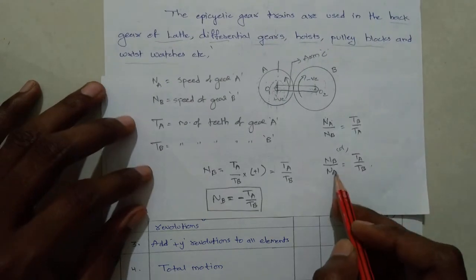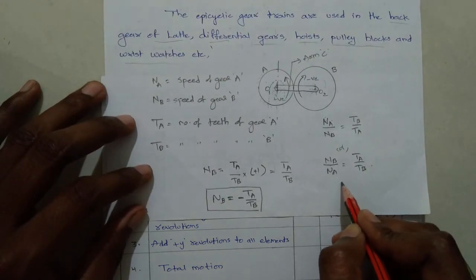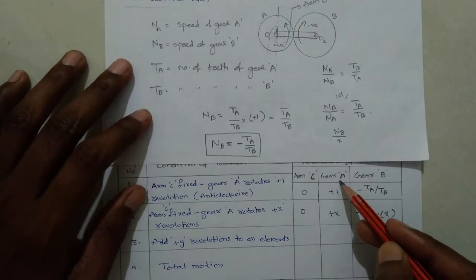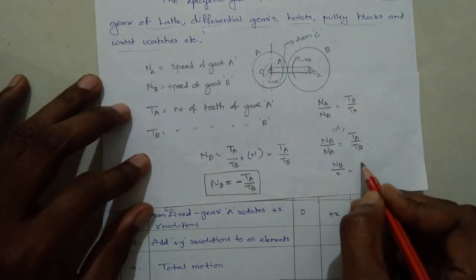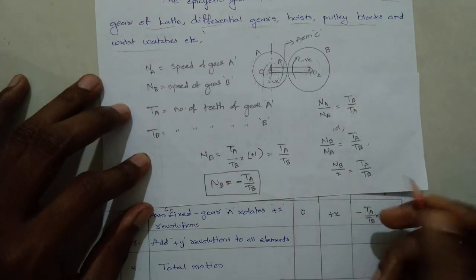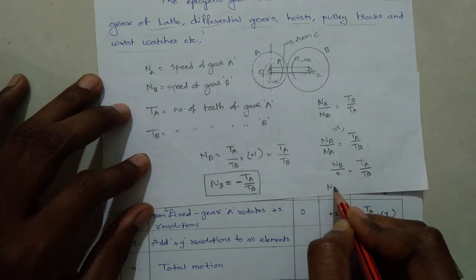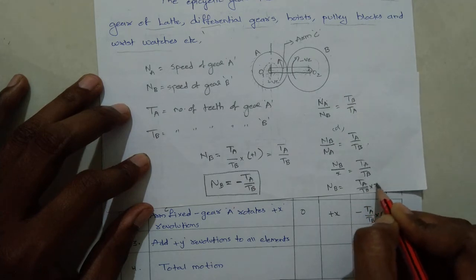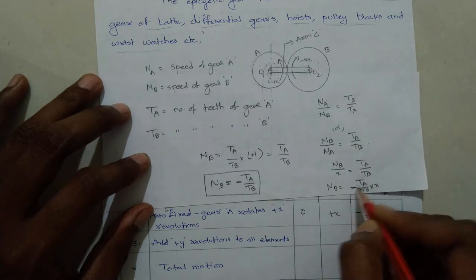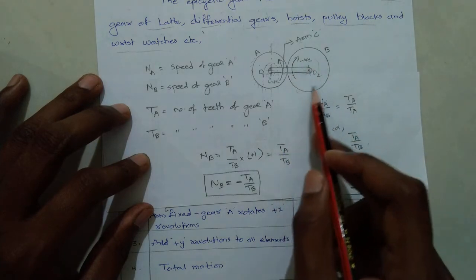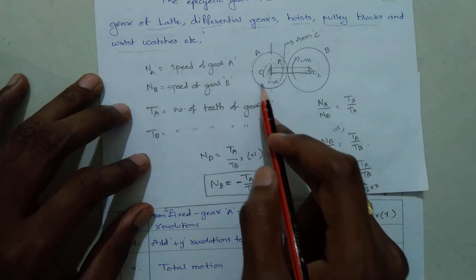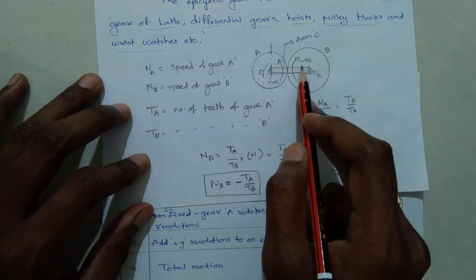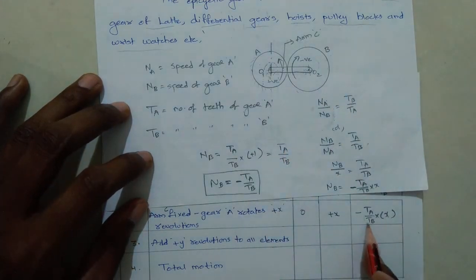Because instead of NA equal to 1 in this formula, we have NA equal to X, the speed of gear A. So NB is equal to TA by TB into X, and we take minus. Why minus? Again, this gear will be rotating clockwise if A is rotating anti-clockwise X number of times, so we take it as negative.